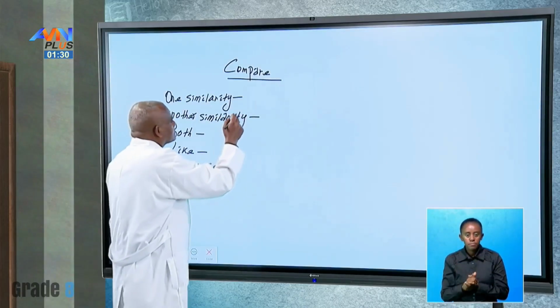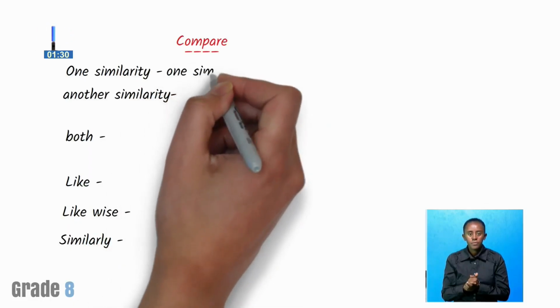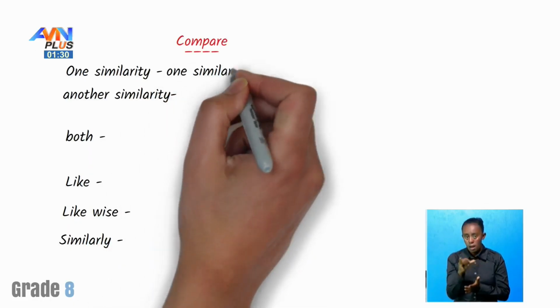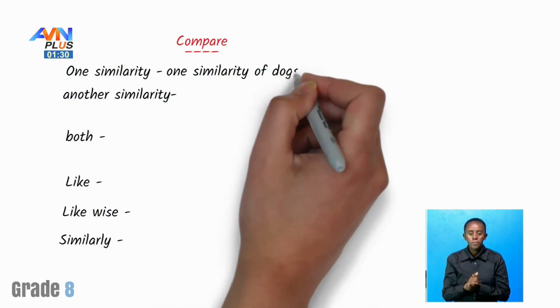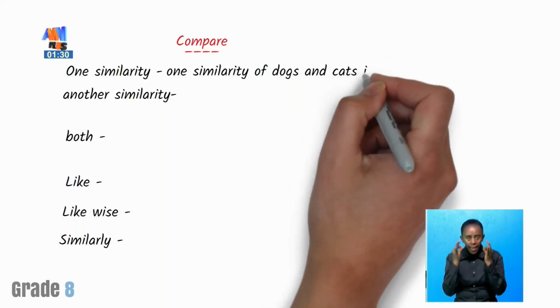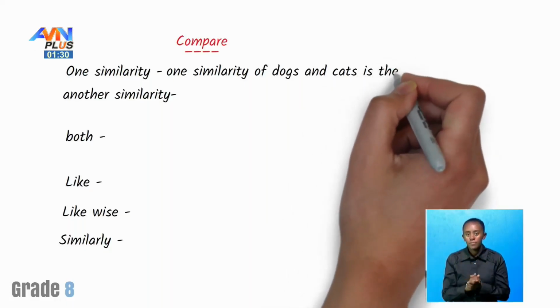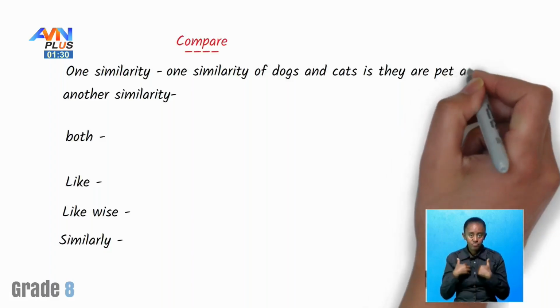One similarity of dogs and cats is they are pet animals, aren't they?